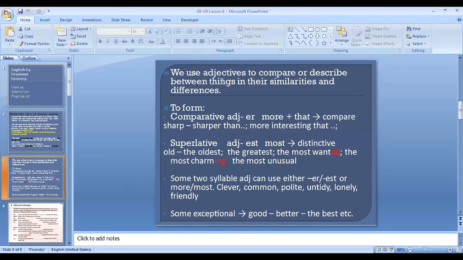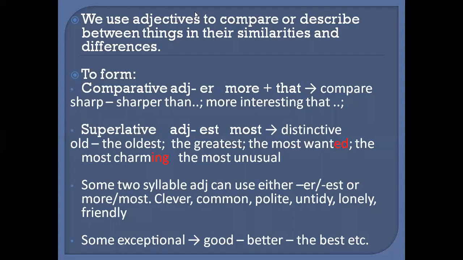Okay. So now the second part here, we were talking about adjectives, how we use them to compare two things. So this must be very simple. Comparative adjectives, we use er or more. That's it, right? We use it with than to compare.